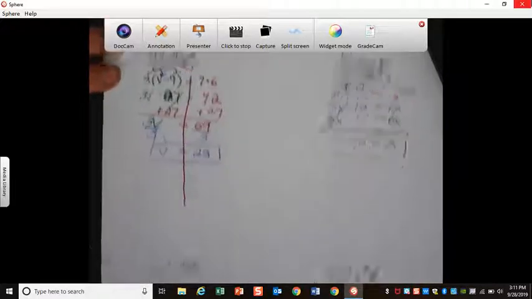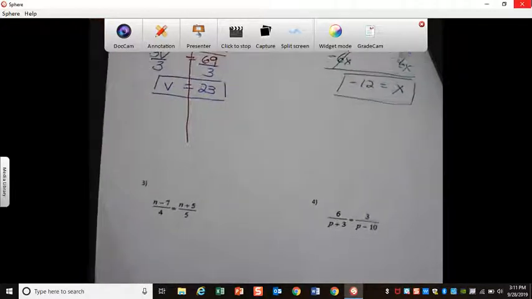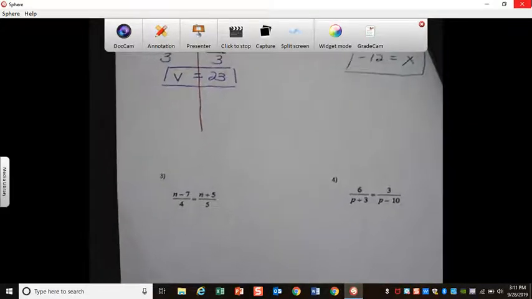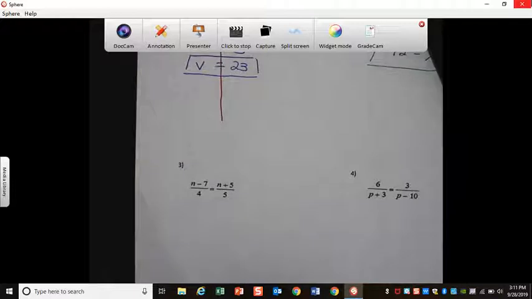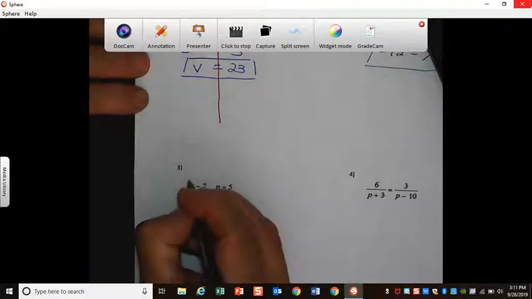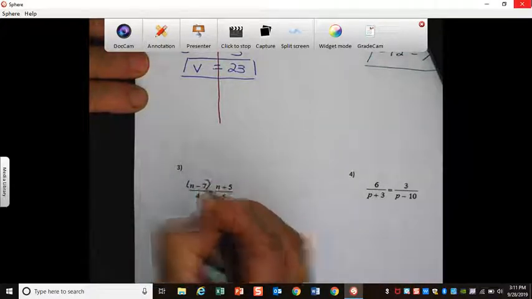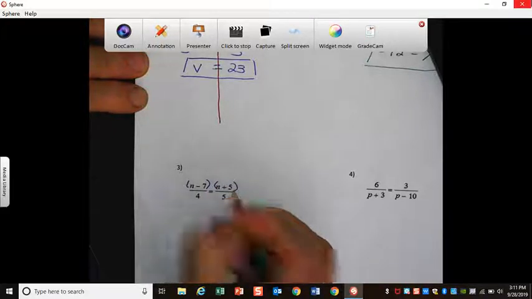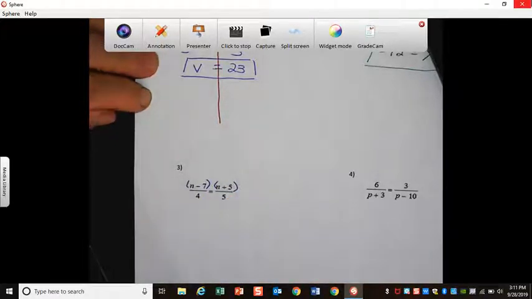Third problem. Copy it down into your notebooks. The difference here is now both numerators have more than one term. So I'm going to use 2 sets of parentheses, n minus 7 here, and n plus 5 on the second ratio. The process is going to be the same though.